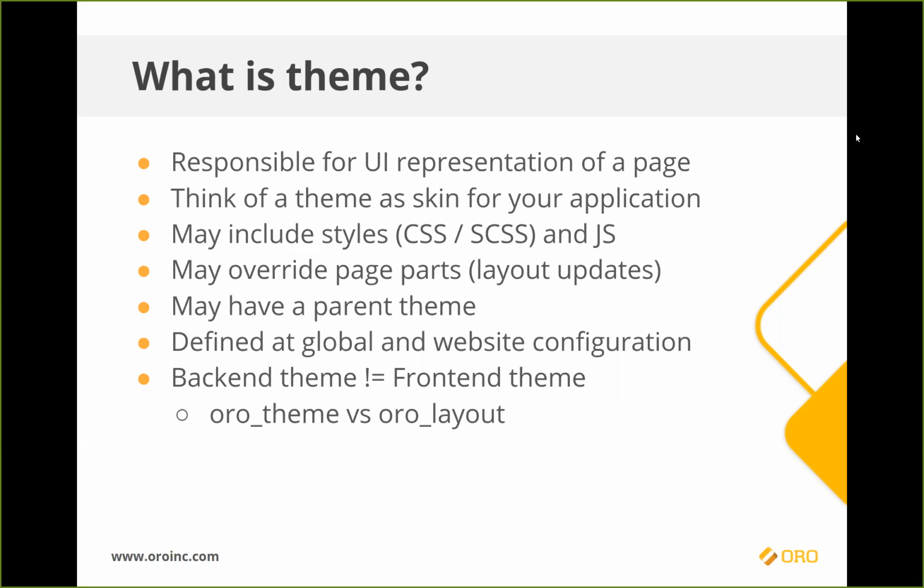A theme is basically just a skin that you can use on the application storefront, and you can switch between skins depending on some configuration. Everything you see on the storefront is in fact part of the theme used to render the page. A theme may include styles like CSS or SCSS, and may include JS, and we can see it later.